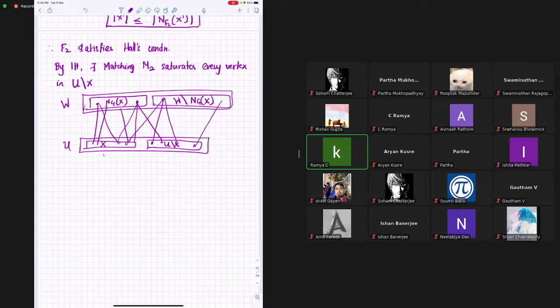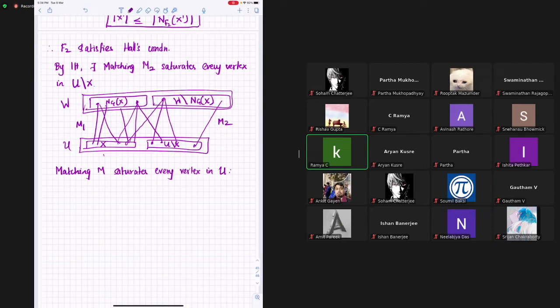So now I have a matching M1 here that saturates the set X, and I have a matching M2 here that saturates the vertices in U minus X. So what should I do to get a matching M that saturates all of U? These two I got from the inductive hypothesis, M1 and M2.